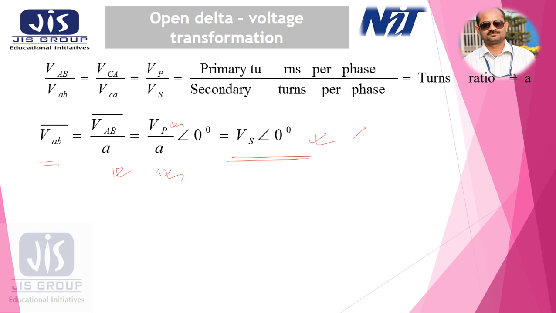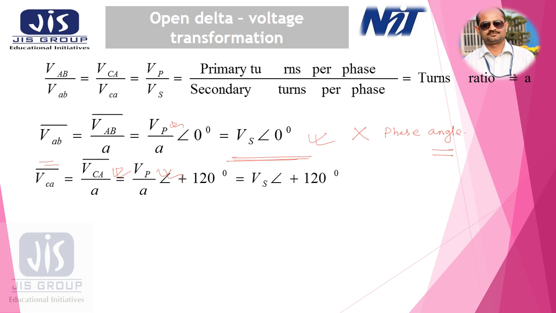So there is no phase angle between primary and secondary because they are linking the same flux, because they are put on the same limb. Similarly, VCA equals this.